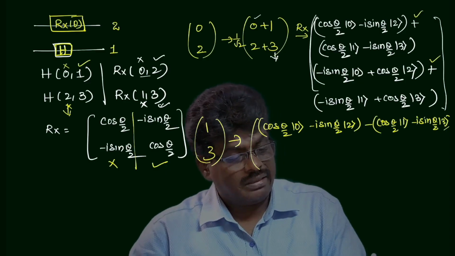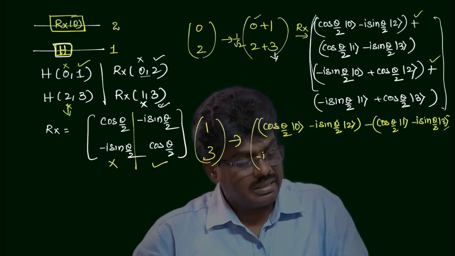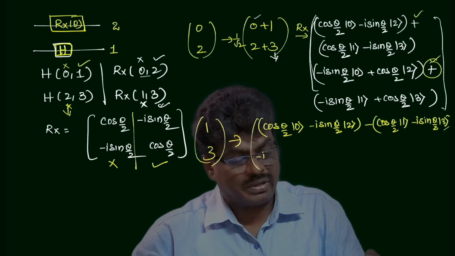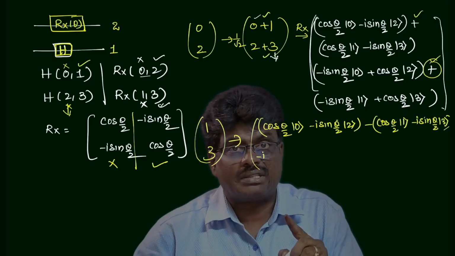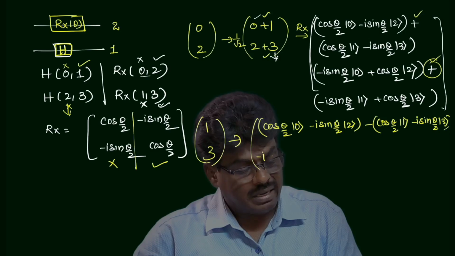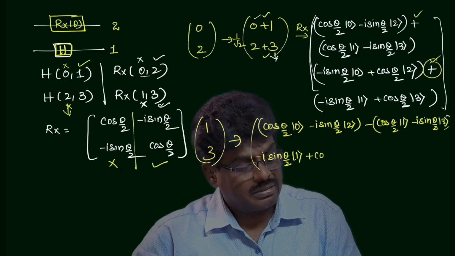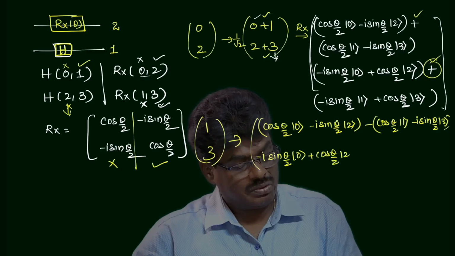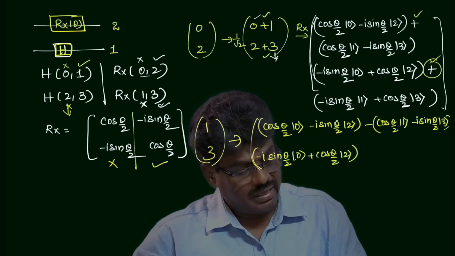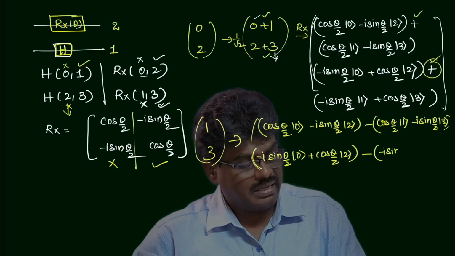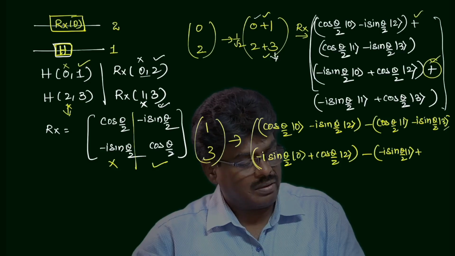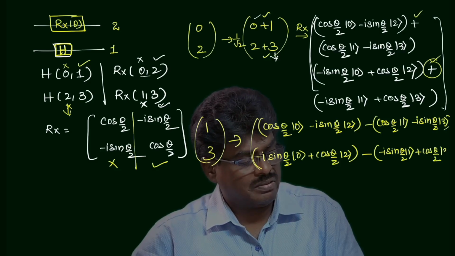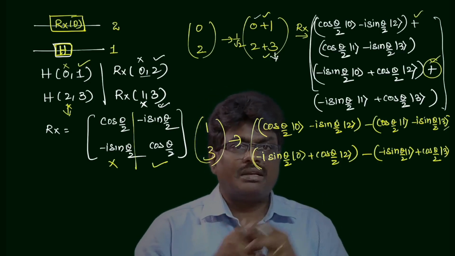Okay, and the next one, the middle sign I am changing. Please observe carefully because only this middle sign will change. So minus i sin theta by 2 0 plus cos theta by 2 2, the middle sign plus, here it is minus i sin theta by 2 1 plus cos theta by 2 3. Like this we can write directly.